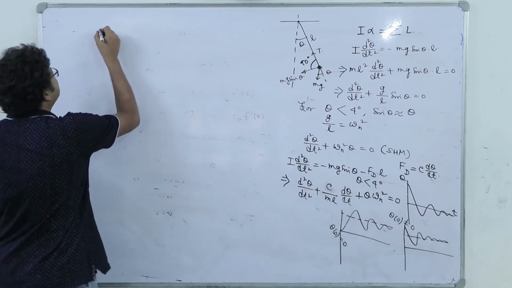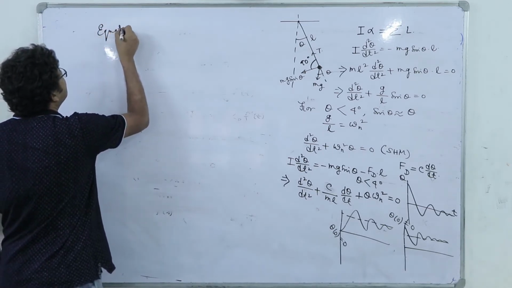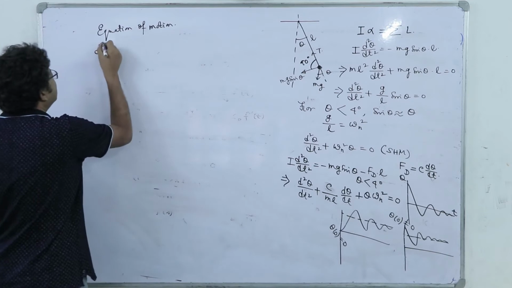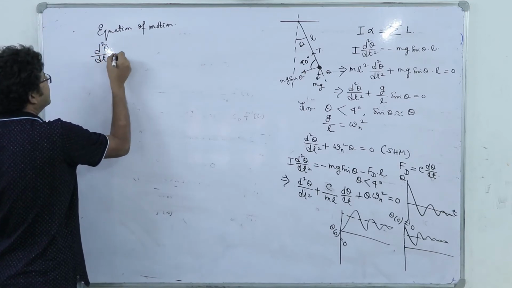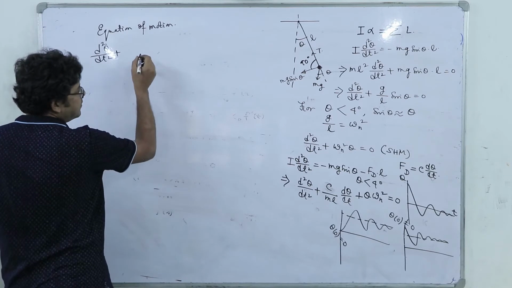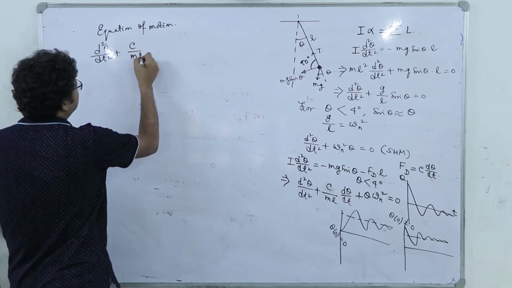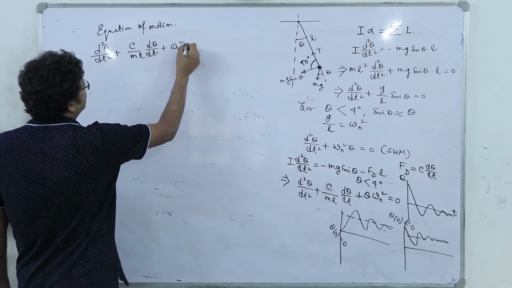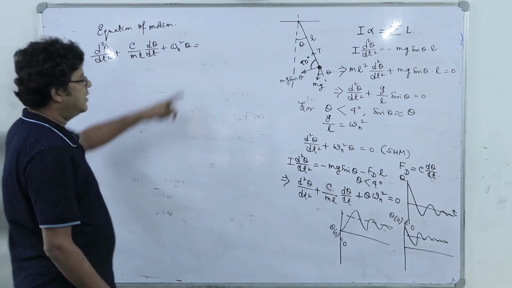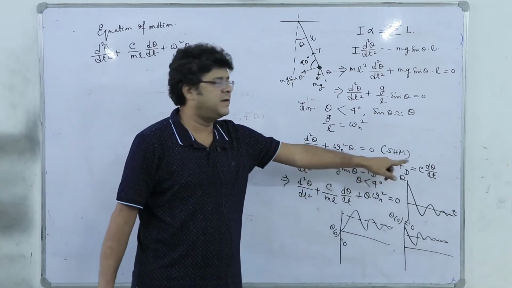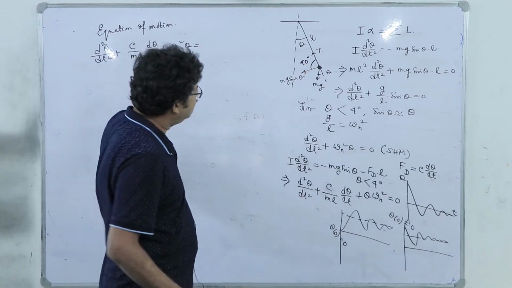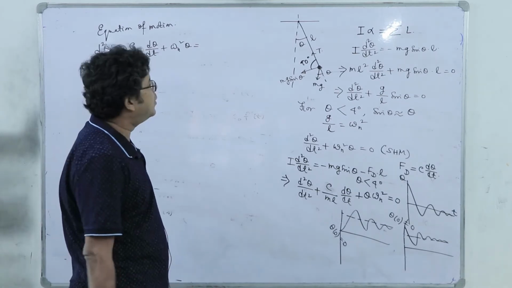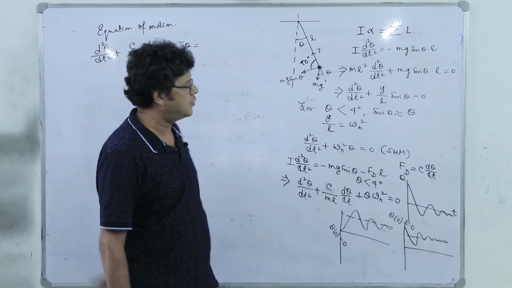So under this situation the equation of motion will become d square theta dt square plus C divided by ml into d theta dt plus omega n square into theta, and on this side for the moment balance it will be F into L. F we are giving in alignment with the direction of motion, or it may be a component of that force which is aligned along the direction of motion.